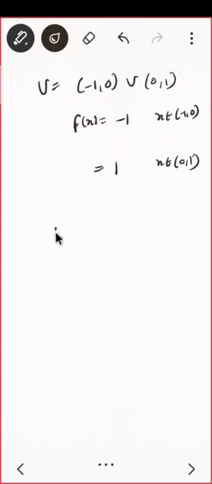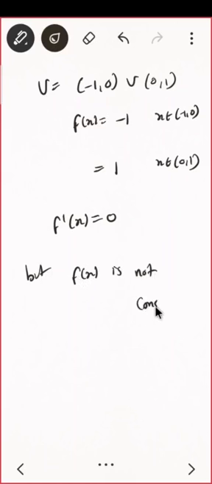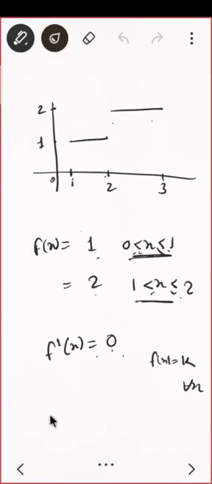What do you see? f dash of x is 0, but f of x is not constant. Do you see that? The derivative is 0, so you cannot say that the function is constant. In the previous example also I gave the same thing. Derivative 0, but f of x is not constant.